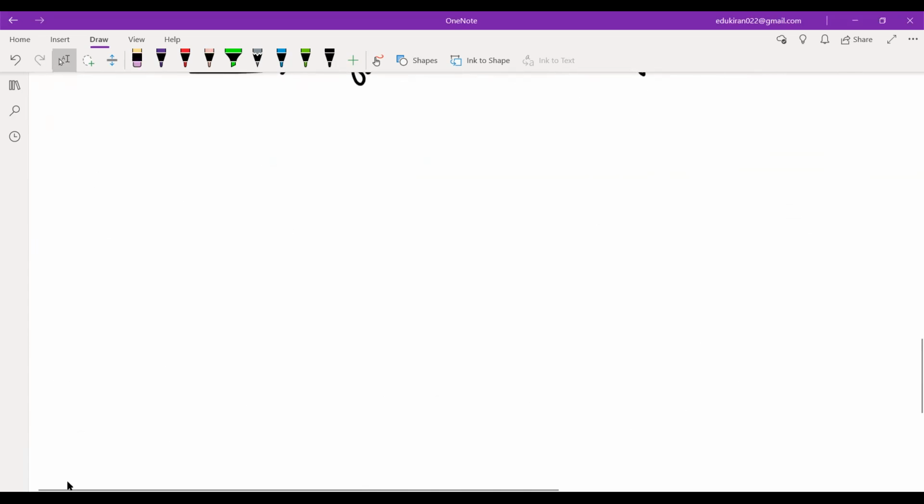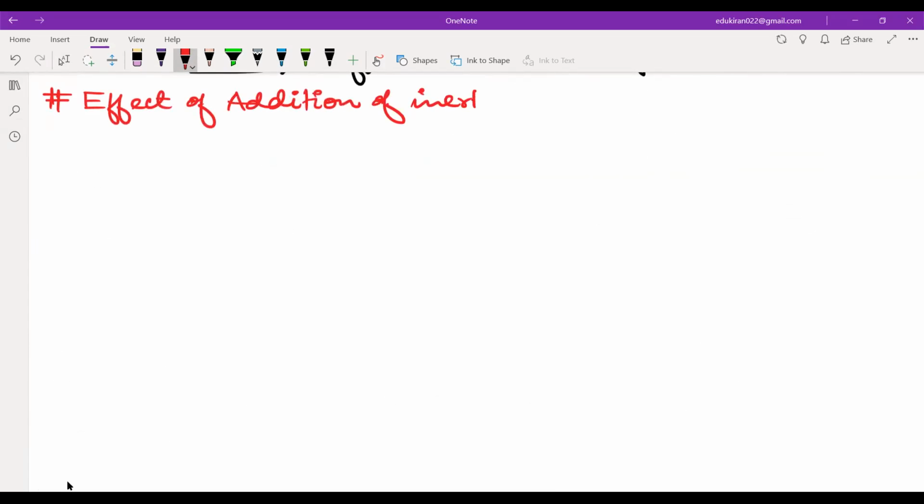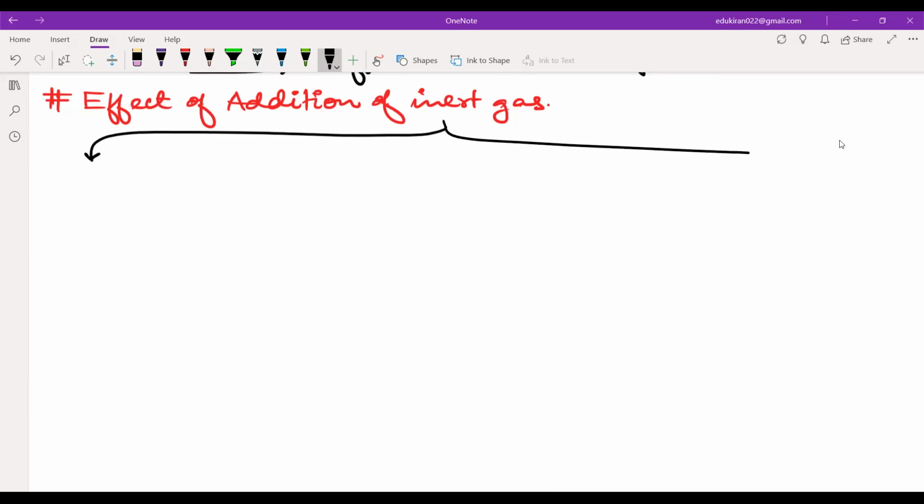Right, next. Effect of addition of inert gas. If we are adding any inert gas in a reaction, that means a gas which is not reacting, then it will occupy volume, right?